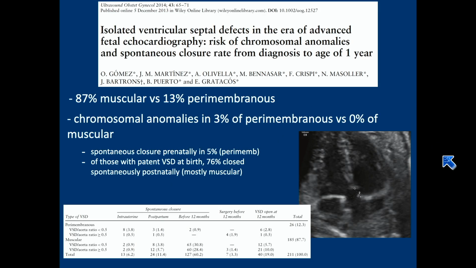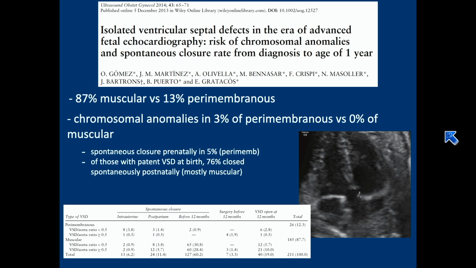So a final comment, just because this comes up a lot with patients: what is the risk of underlying genetic disorders with an isolated ventricular septal defect? Again, muscular are very common in fetal life just based on the ease of picking them up. Perimembranous a little bit less so, but the chromosomal anomalies are part of the perimembranous cohort, with very, very low risk in an isolated muscular VSD.